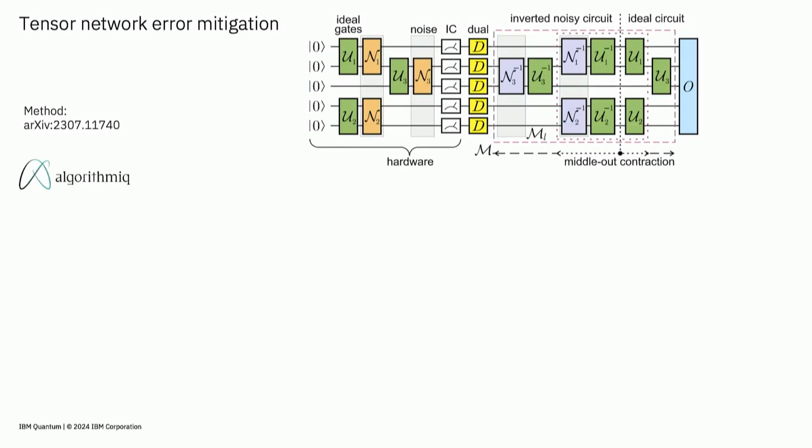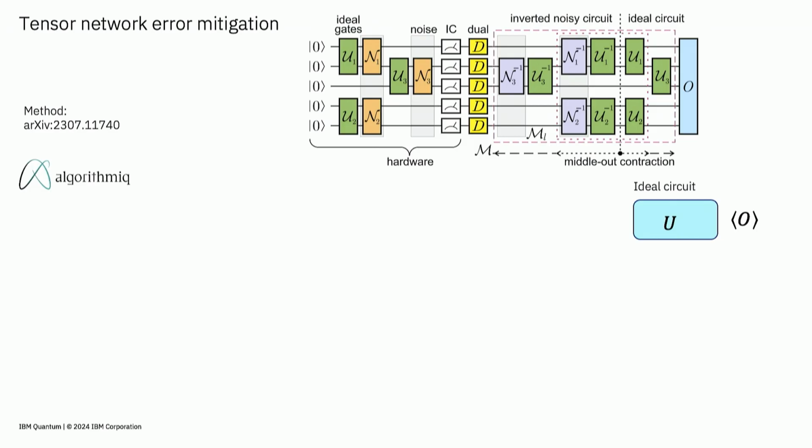From our partners at Algorithmiq, we heard about tensor network error mitigation. Matteo spoke about this on day 1. This is also a very exciting technique, right? Typically, the goal is to execute some ideal unitary U, and we want to measure an observable O at the end, okay?